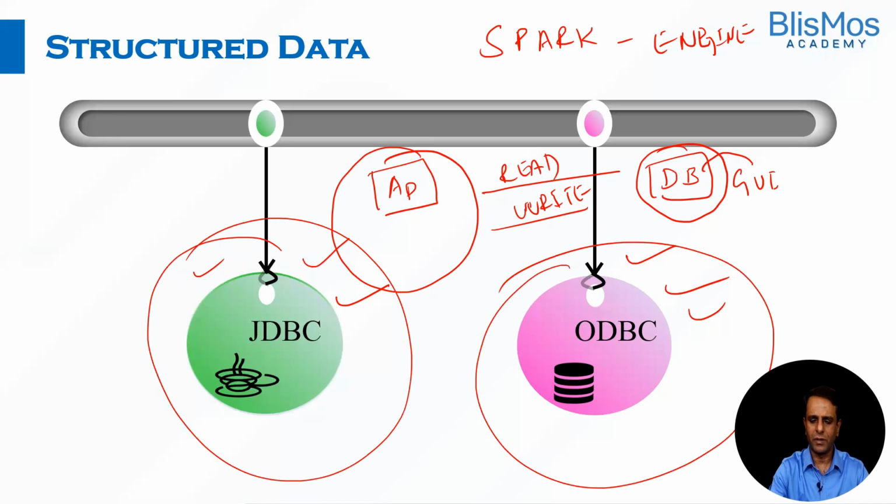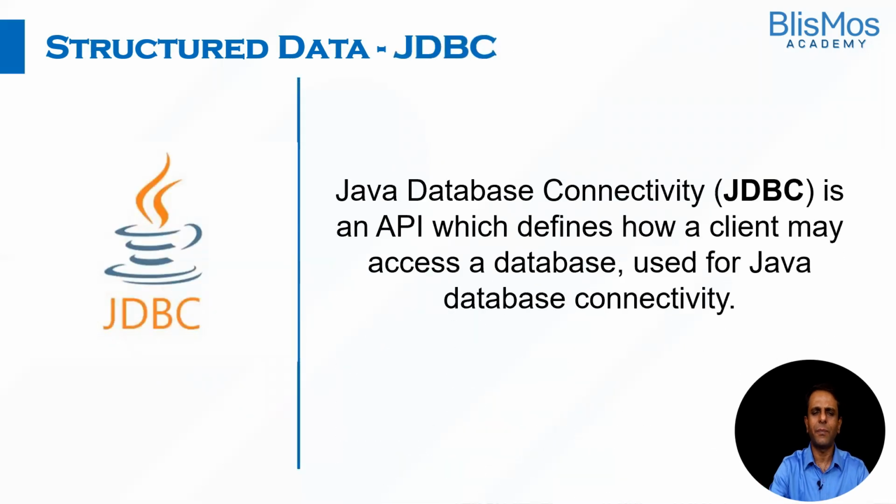We'll understand further. JDBC is Java Database Connectivity. Usually, it is for any non-Windows applications. JDBC is an API which defines how a client may access a database, as I indicated earlier. It is used for Java database connectivity.